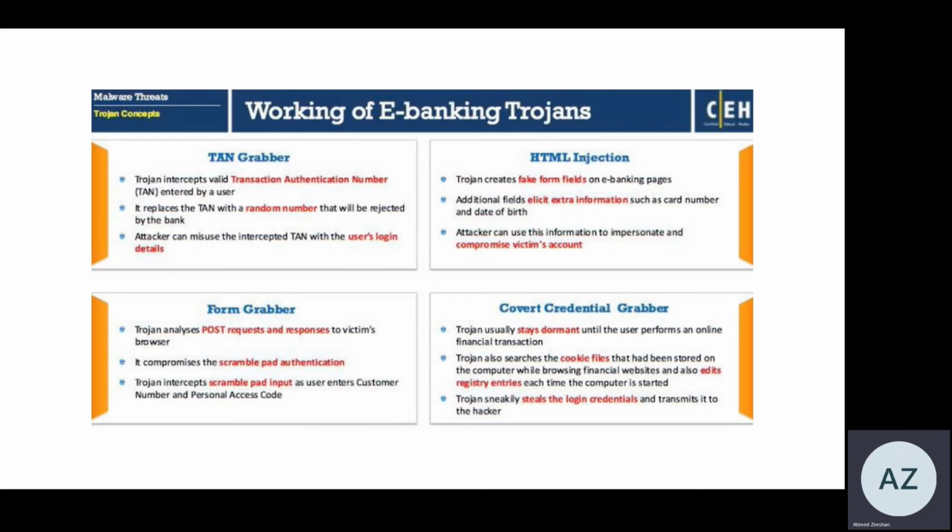They create fake form fields on e-banking websites after the legitimate website's form is passed to the attacker, or maybe the attacker somehow can use phishing and cause you to access a website which is not authentic but appears to be legitimate, and then make you enter all your credentials there and copy them, okay?